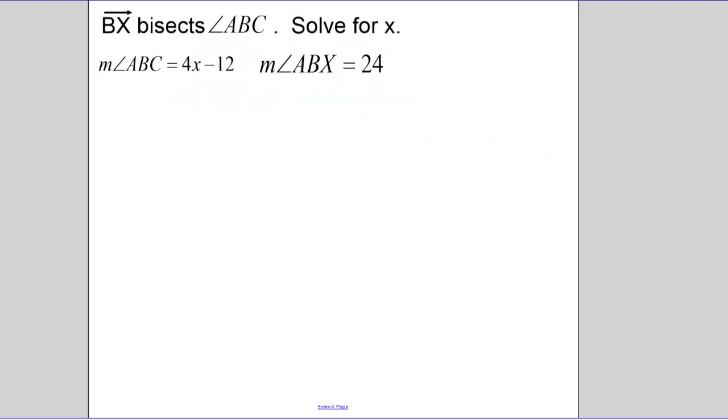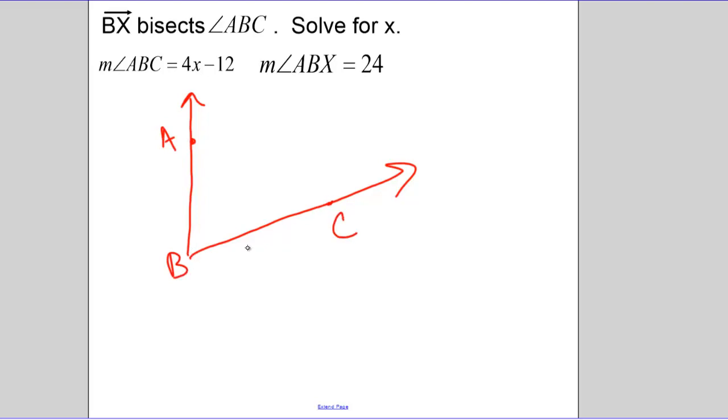Okay, so BX bisects angle ABC, solve for x. So let me draw a picture, ABC. I have angle A, B, C. Make sure you guys are drawing pictures. That's the first thing I'm always going to ask you guys. And then I have BX bisecting it.